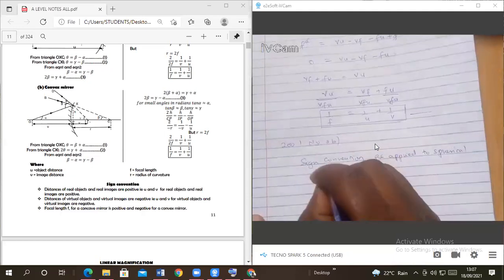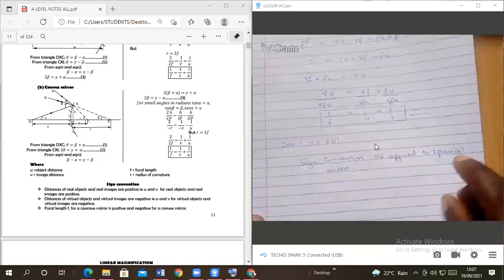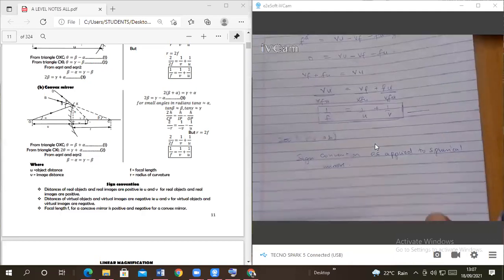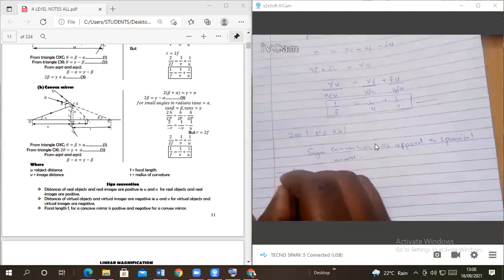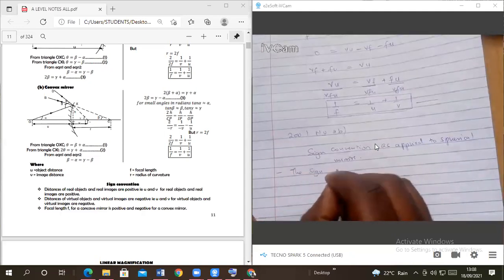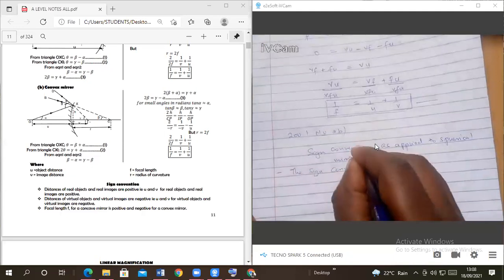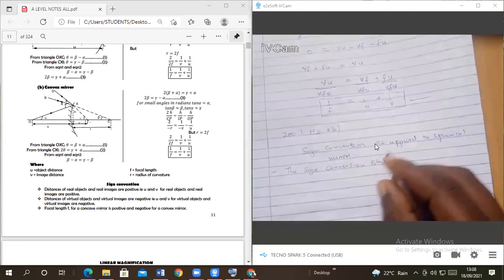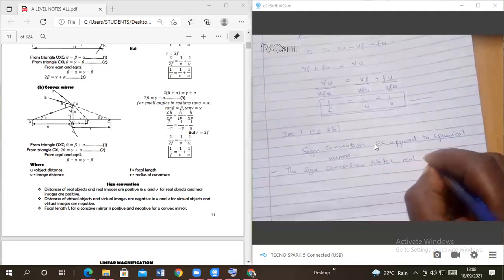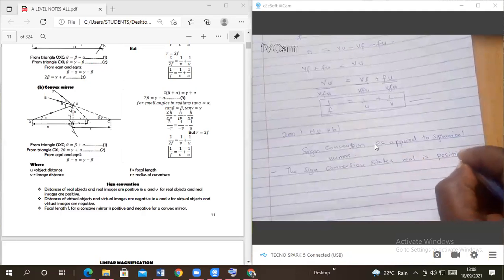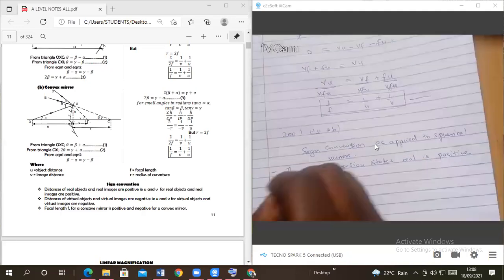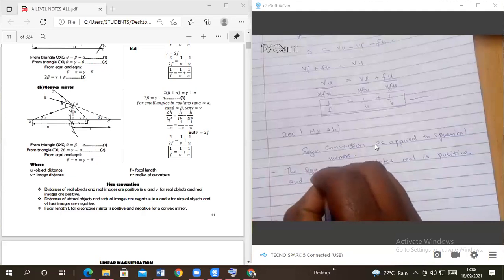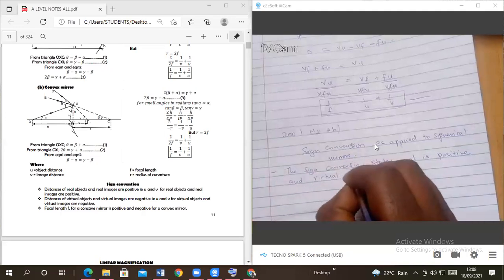The first thing you should know is that the sign convention states that real is positive, and virtual is negative.